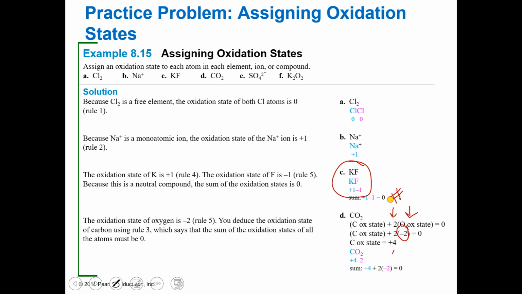So if we know we have x minus 4 equals 0, the only choice for the oxidation state for carbon is +4. Carbon is less electronegative than oxygen, therefore it takes on the positive oxidation number, and oxygen is always -2.